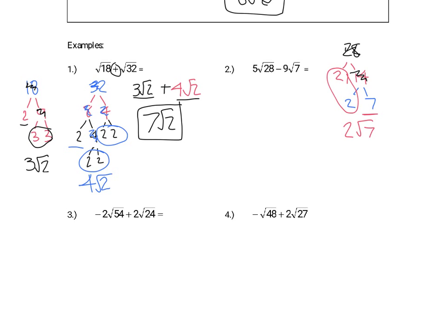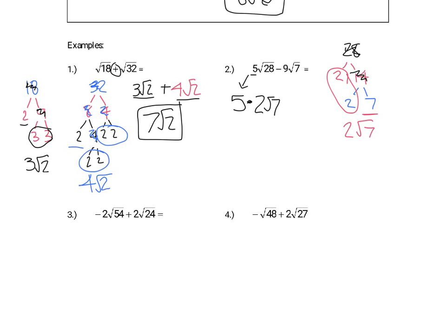Now, be careful when you're plugging these back in, because I guarantee you this is where one of you people out there is going to make a mistake. This square root of 28 has a 5 already in front of it. So don't forget about it, okay? 5 times. Now, the square root of 28, we change to 2 square root of 7.